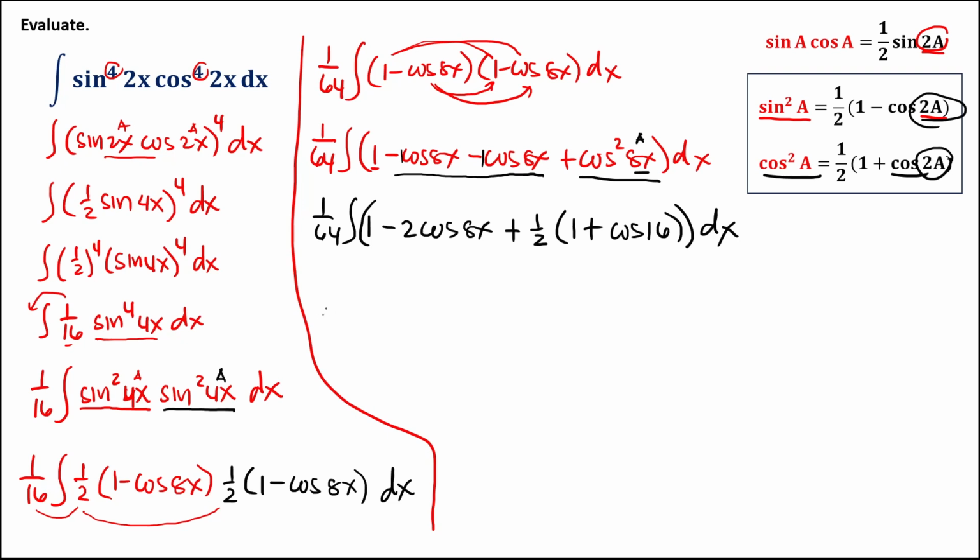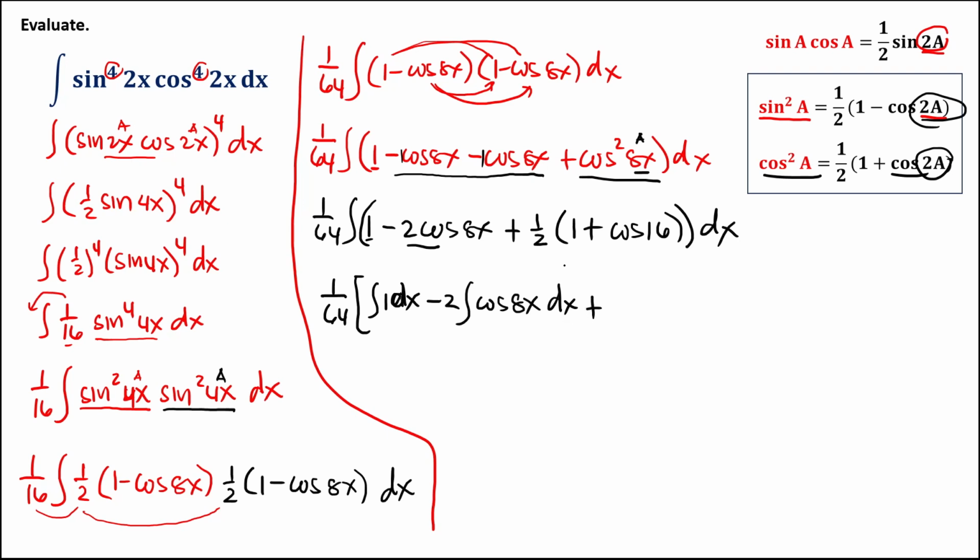Then to integrate every term, this becomes 1 over 64. We have the integral of 1 dx. Then for this term, put the constant outside, the integral of cosine 8x dx.